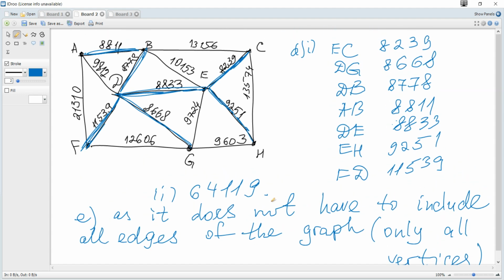And the next, F, starting at D, use the nearest neighbor algorithm to find the upper bound for the installation cost of a computer network in the form of a Hamiltonian cycle.